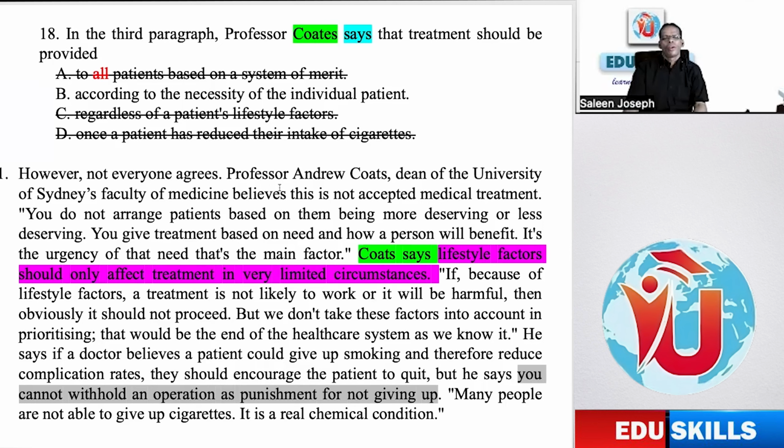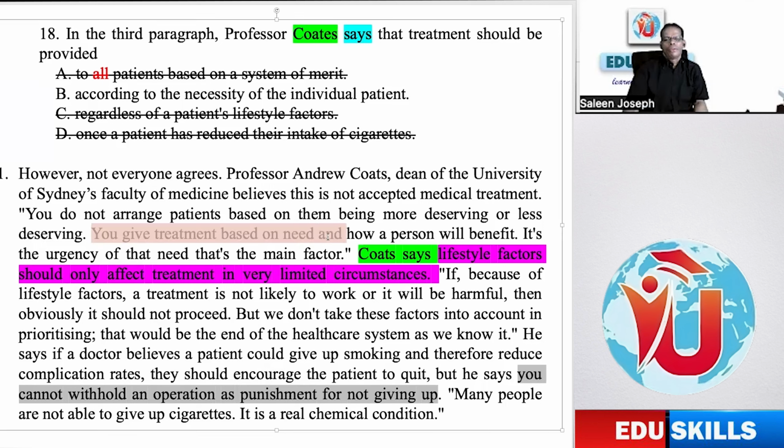Now the only one left is according to the necessity of the individual patient. Court says that treatment should be provided according to the necessity of the individual patient. Where do you have it? The fourth line says you give treatment based on the need and how a person will benefit.